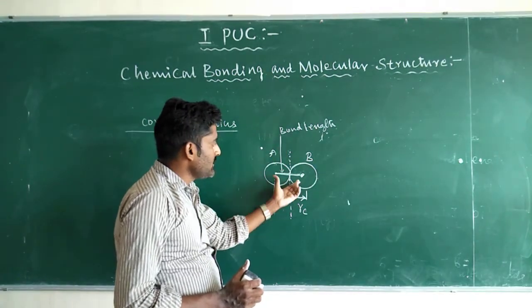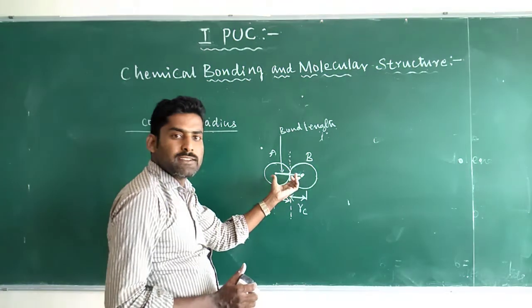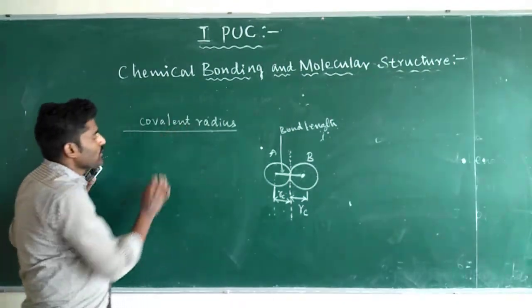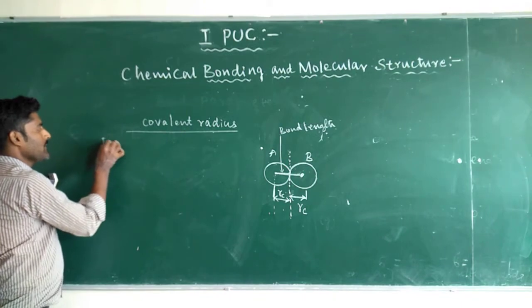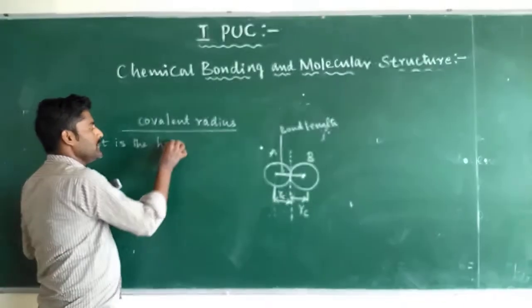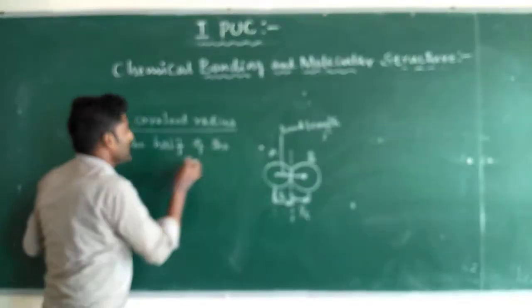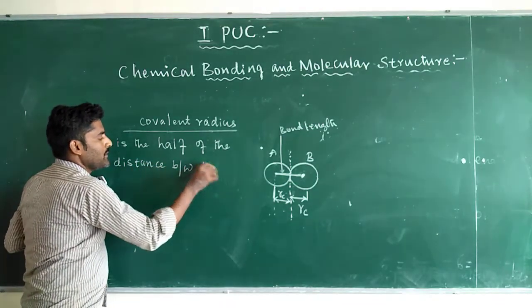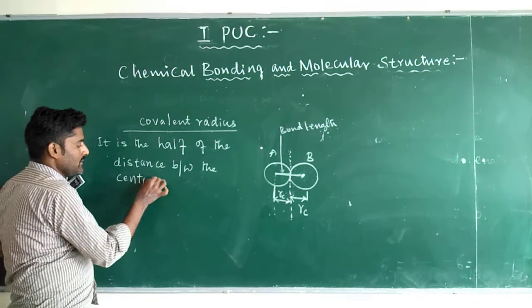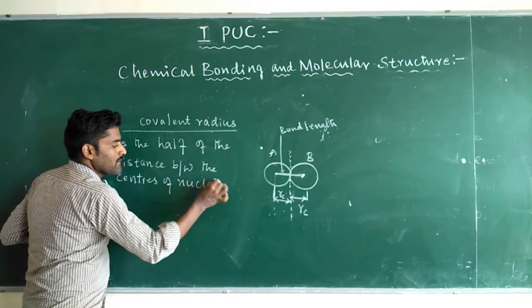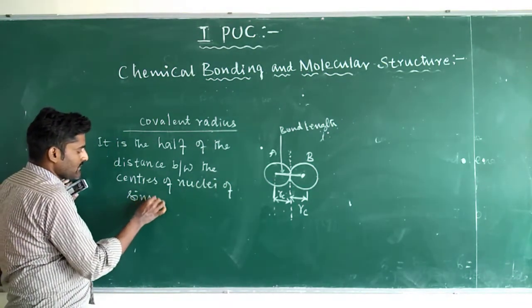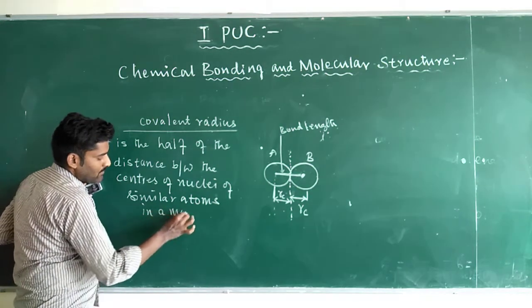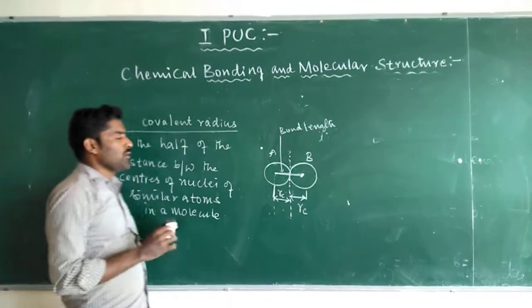Half of the distance between the centers of nuclei of two similar atoms in a covalently bonded molecule is called covalent radius.